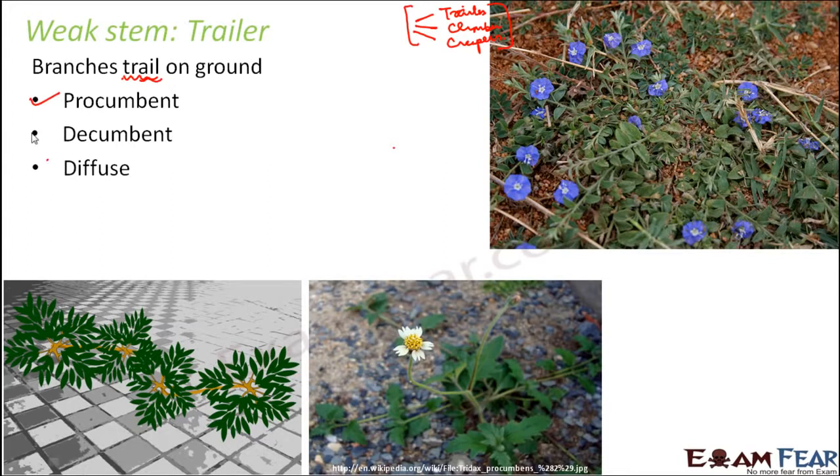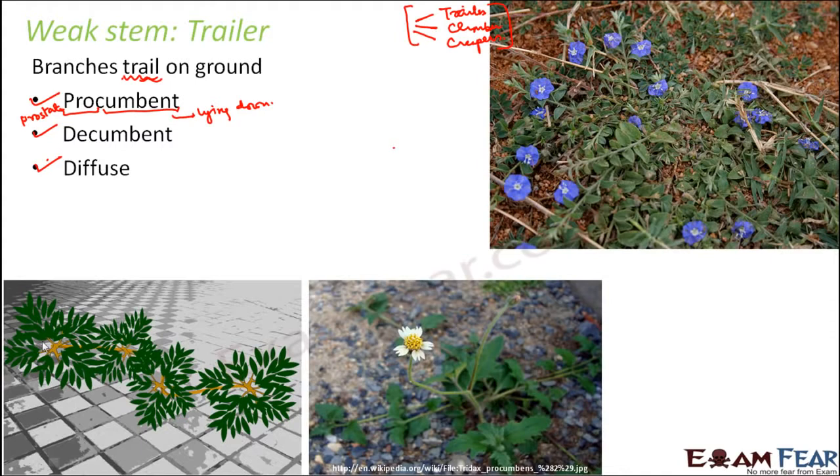Now what do each of them signify? The word procumbent is derived from two different words. Pro, which means prostrate, cumbent, which means lying down. So procumbent are basically those plants which lie prostrate on the ground. So here you can look at this example.